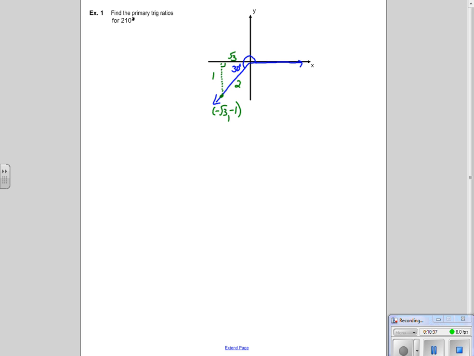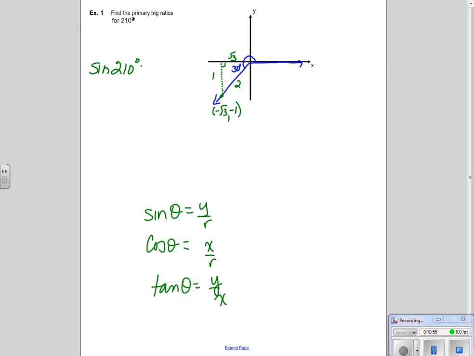So I can write my primary trig ratios using y over r, x over r, and y over x. Sine of 210 is y over r. My y value, because the terminal arm is downwards, is negative 1.